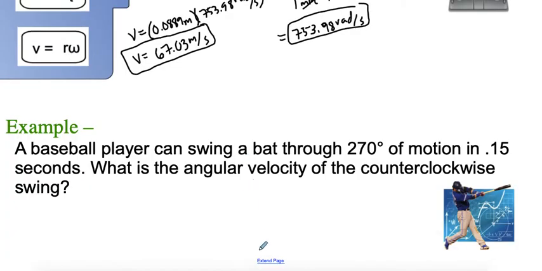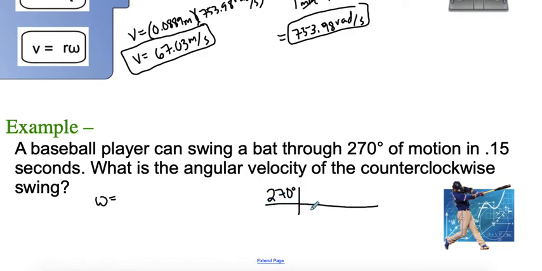Alright, one more of these angular speed problems, and then we will look at angular acceleration. So the final one for angular velocity is a baseball player swinging a bat, and this one isn't too terrible. So we have that equation. We want to change this 270 degrees into radians just like we did before.